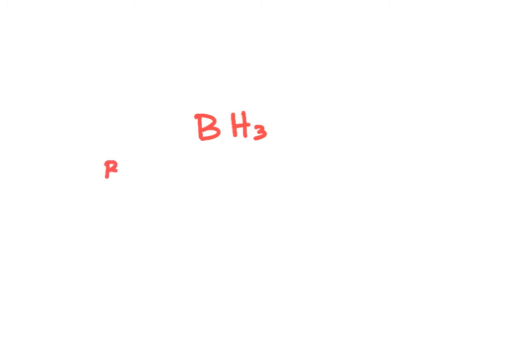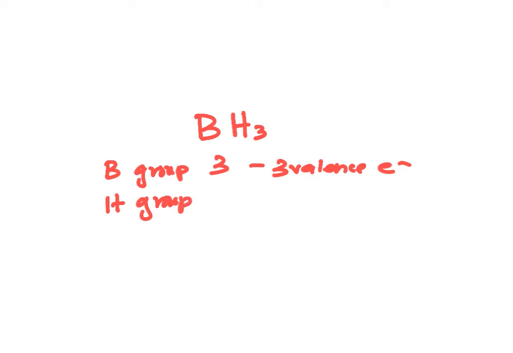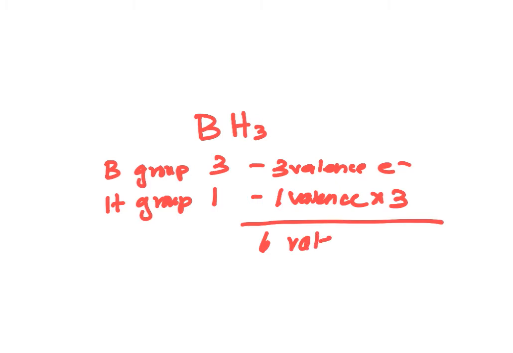We will see that boron is in group 3, so it has 3 valence electrons. Hydrogen is in group 1. It has 1 valence electron, but there are 3 of them, so we need to multiply by 3. So our total number of valence electrons here would be 6 valence electrons.